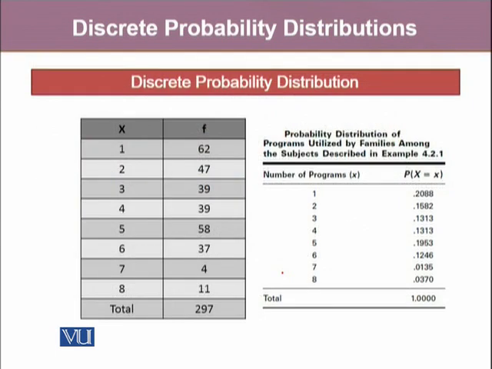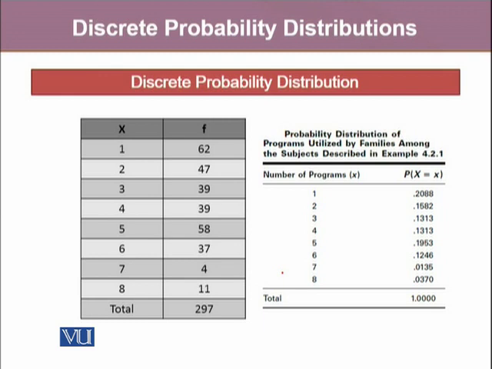Here it shows the frequency distribution, where x is a random variable. With this frequency, we can notice that there were 62 individuals who responded that they are enrolled in one program only, whereas there were 11 individuals who signed up for eight various programs.